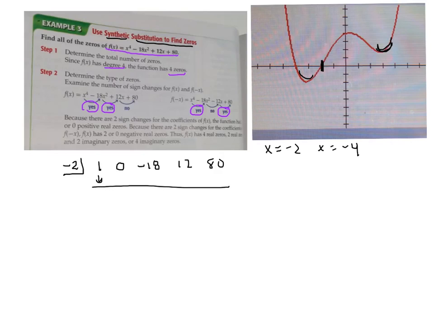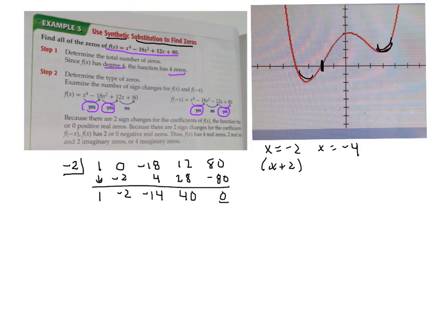I drop my 1, I get negative 2, I add, multiply, add, multiply, add, multiply, and sure enough, I have a 0 for remainder. And this constant is 40. Negative 14 is the coefficient of x to the 1. Negative 2 is the coefficient of x squared. And 1 is the coefficient of x cubed. And that's what you get when you divide out the factor x plus 2 from the polynomial.